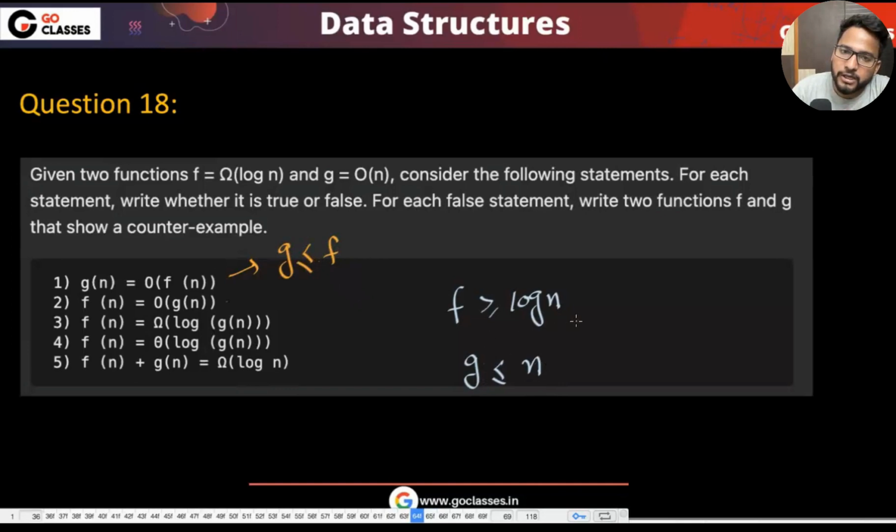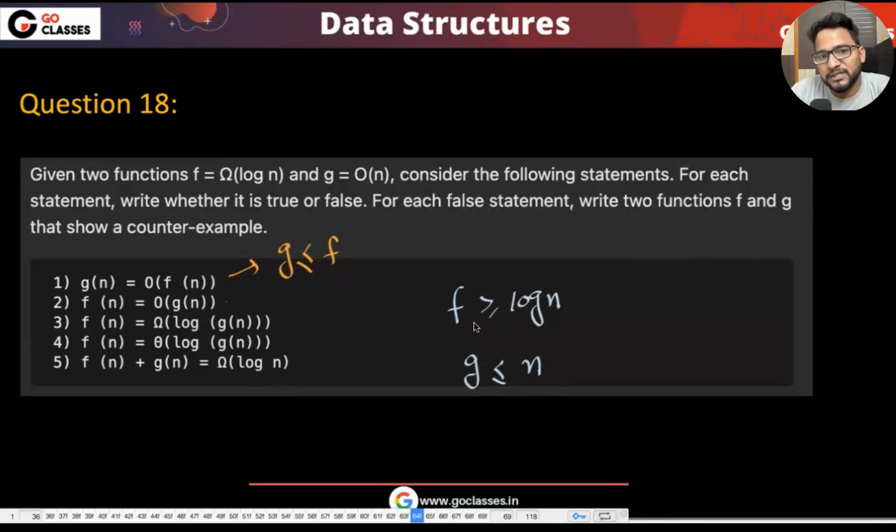This is smaller than n, this is bigger than log n. For each statement, write whether it is true or false. I think this is false, right? Or this is true?